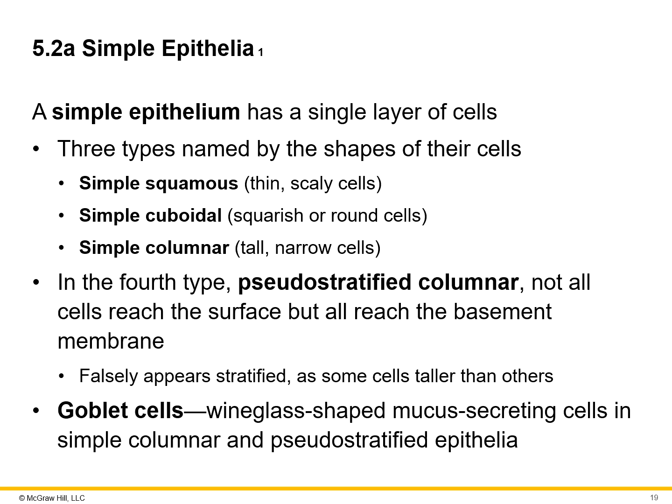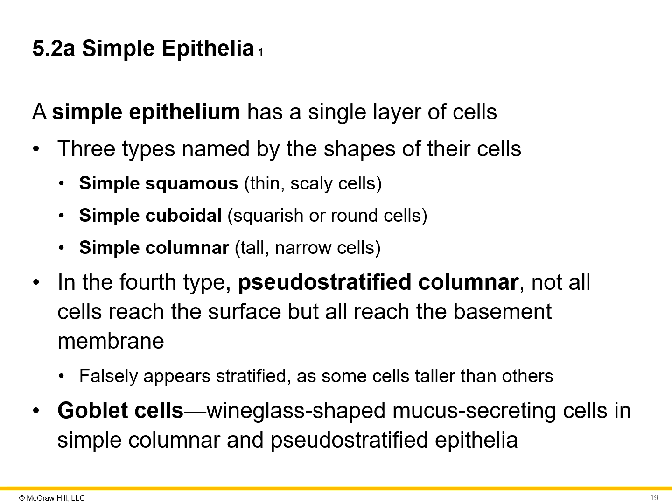So with the pseudostratified columnar, not all of the cells are going to reach the surface, but they all reach the basement membrane. So it is one layer. They just don't all get up to the top. And so as a result of that, the nuclei are not going to be nicely lined up, and it's going to appear to be stratified, but it's just because some of the cells are taller than the other cells.